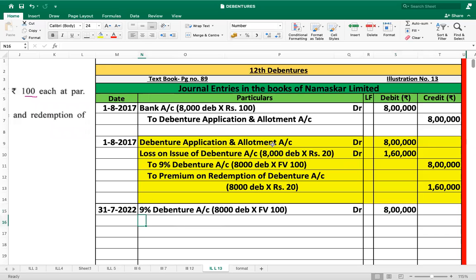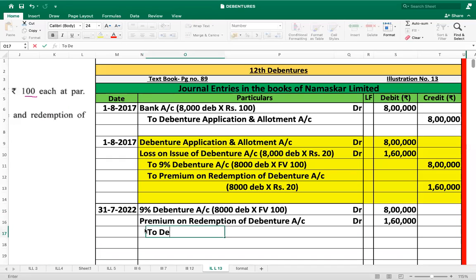Now, when I'm redeeming these, cancelling these debentures, this liability also I have to pay along with this debenture amount. So I will now debit this account, premium on redemption of debenture account, 1,60,000, and to debenture holder.